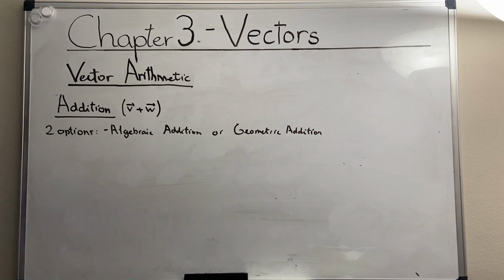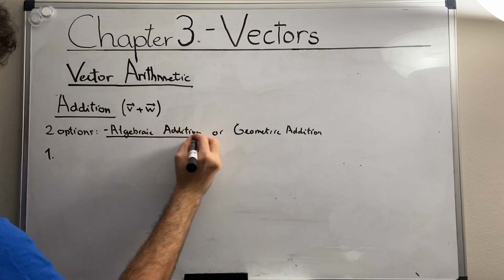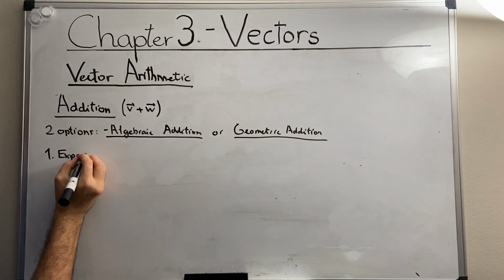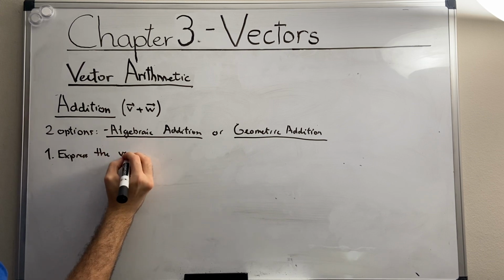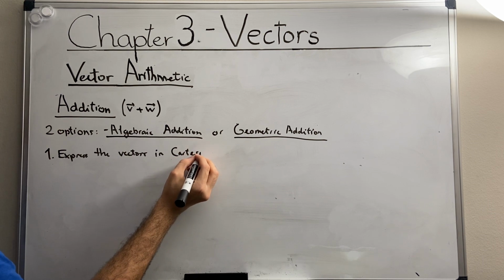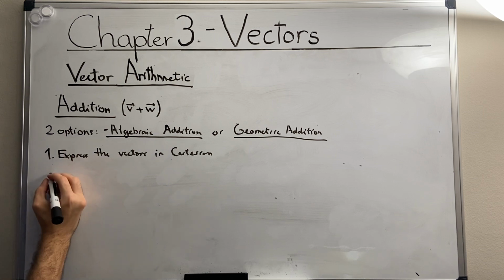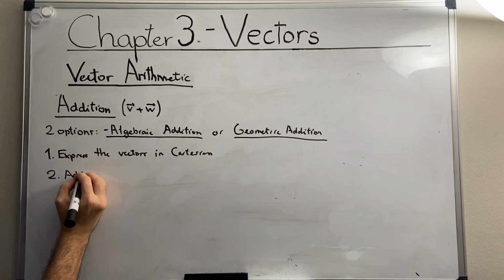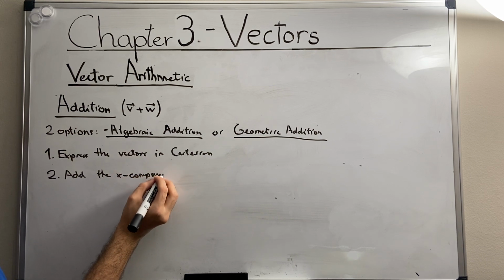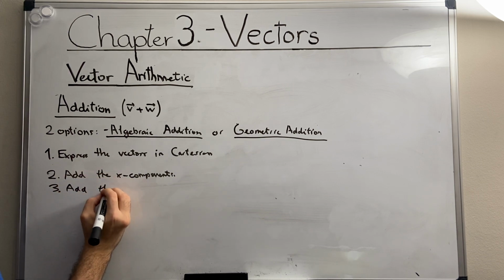The first thing you want to do is express the vectors that you want to add in Cartesian representation. And then we're going to want to add the x components, and then we're going to want to add the y components.